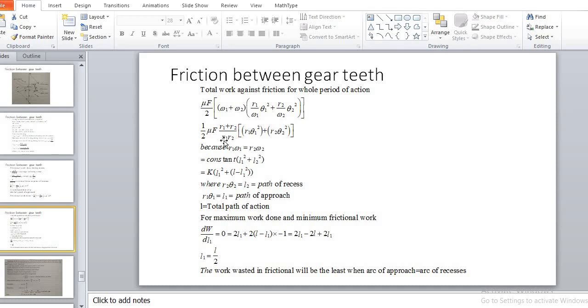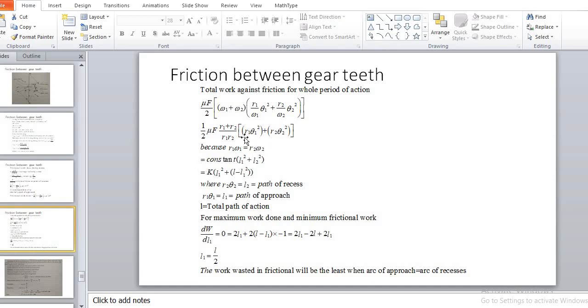Now if you look at the first term, R1 and R2 don't change when you select the two gears. The frictional value also doesn't change, and this force also doesn't change. So this term remains the same and is considered a constant K.